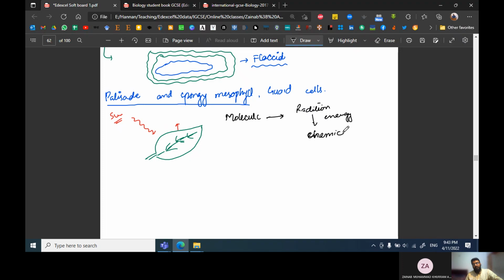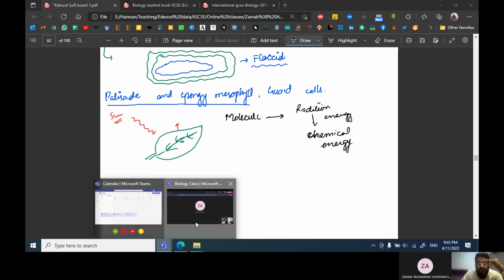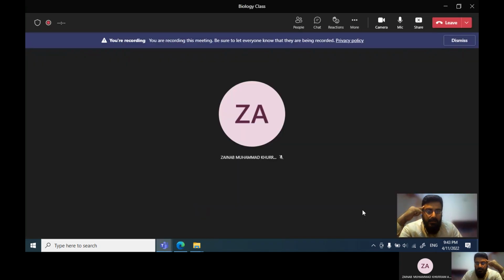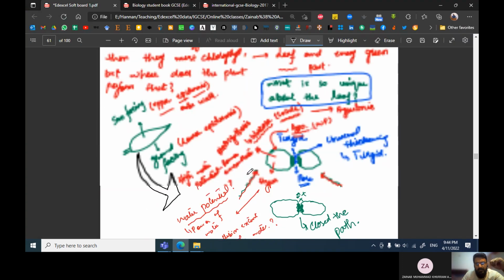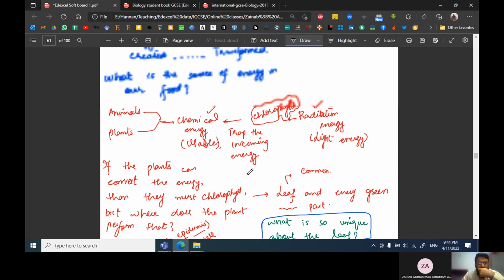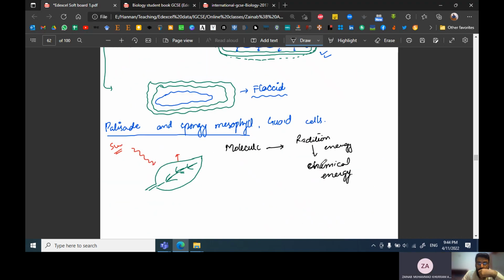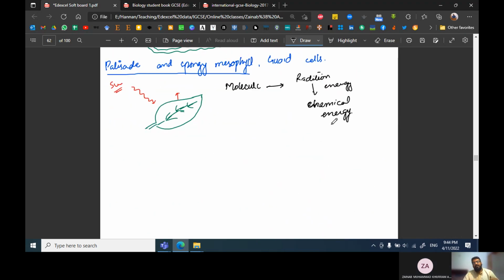Actually, it is a token of confirmation that if any cell possesses chlorophyll, it has the capability to convert the radiation energy coming from the sun into chemical energy. Did I tell you about this conversion? Yes. So this is a speciality of the chlorophyll molecule.